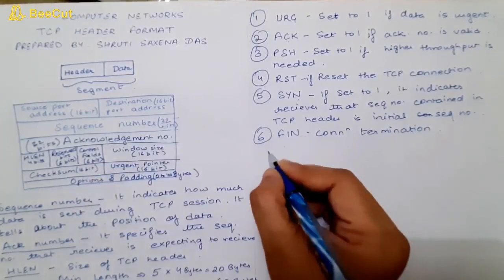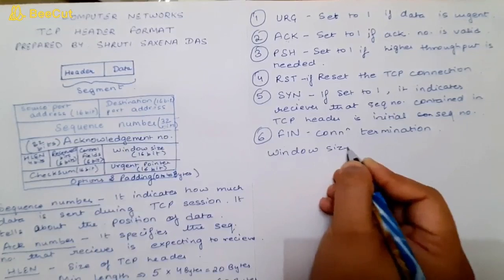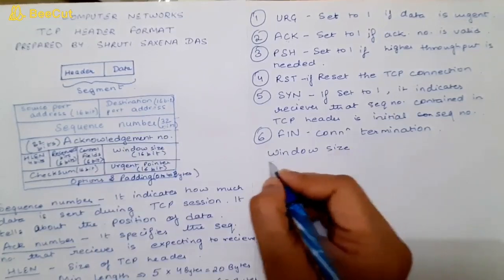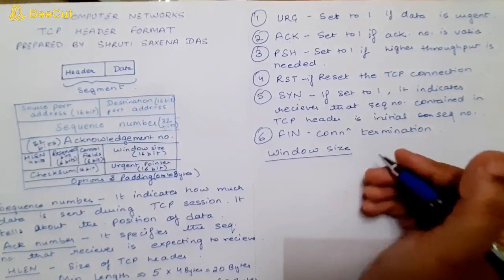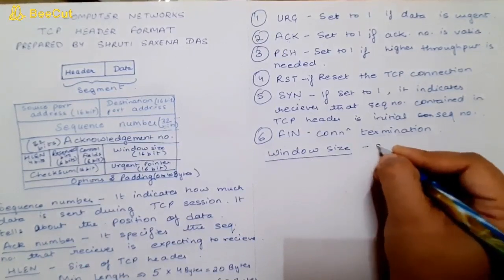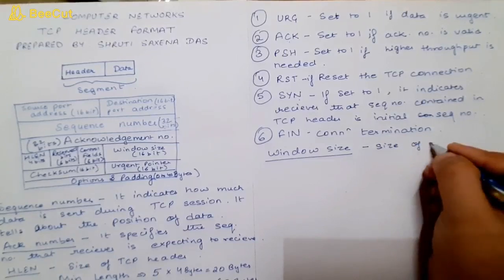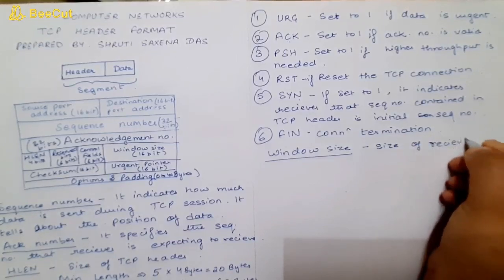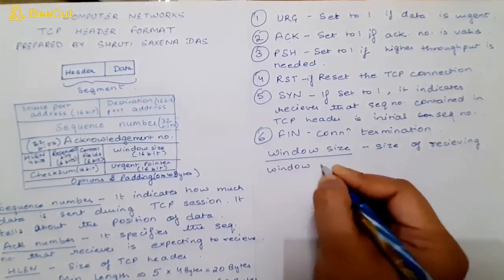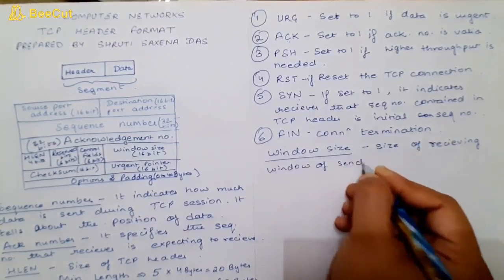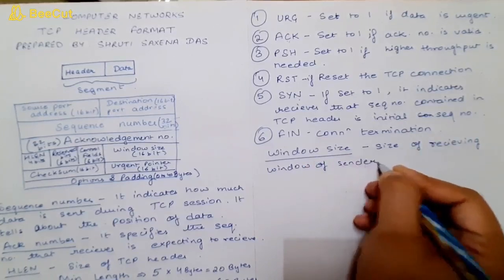The next one is window size. Window size means size of receiving window of sender. Okay, so this signifies the size of the receiving window of sender. How much data sender can receive without acknowledgement, basically.